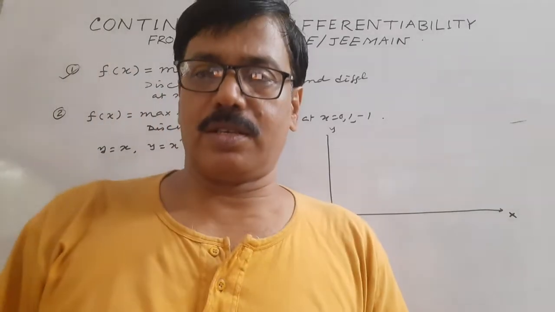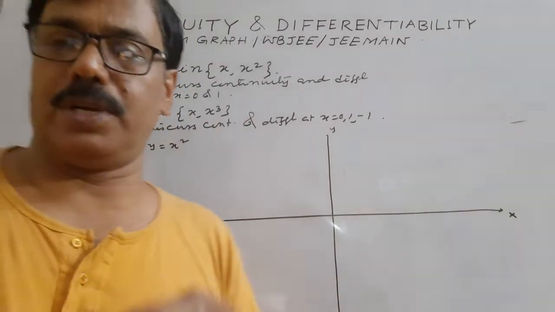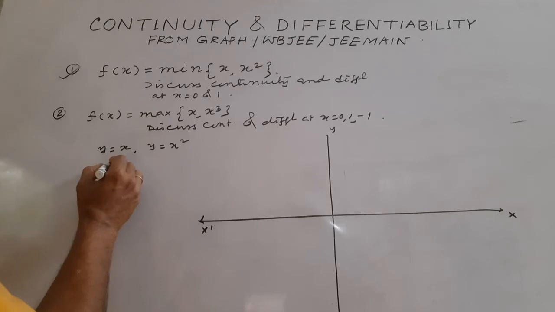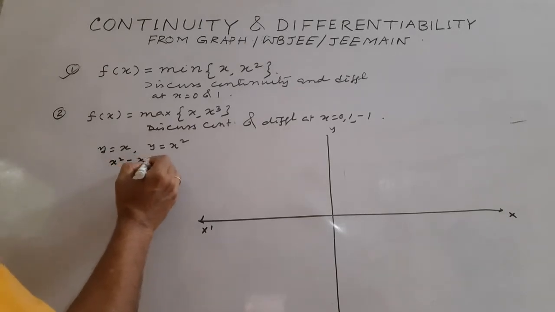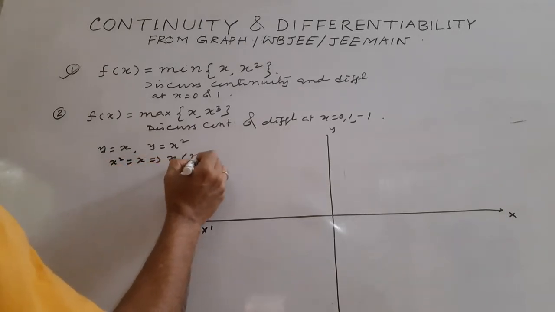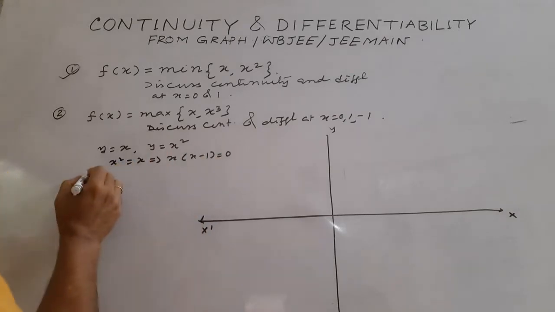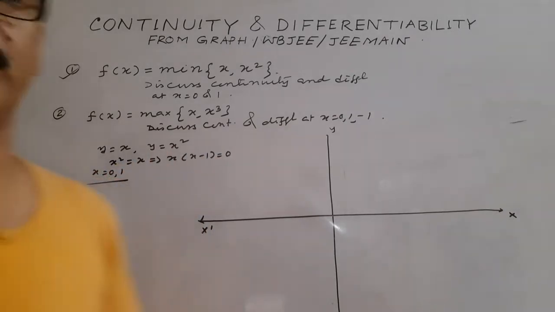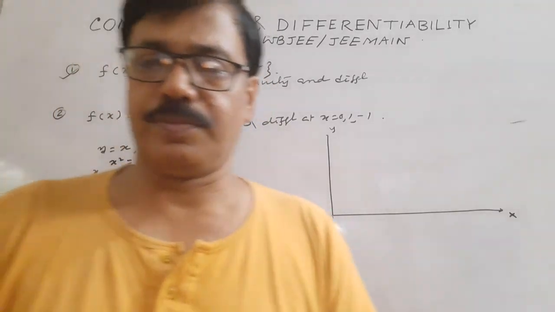We first find the point of intersection of these two curves. So x square equals x. So x into x minus 1 equals 0. So x equals 0 and 1. This is our point of intersection.